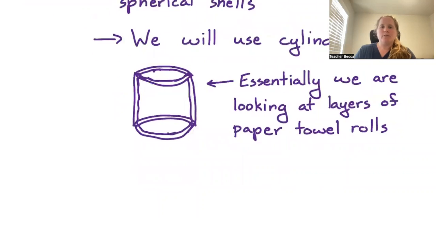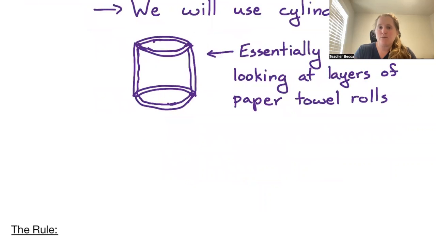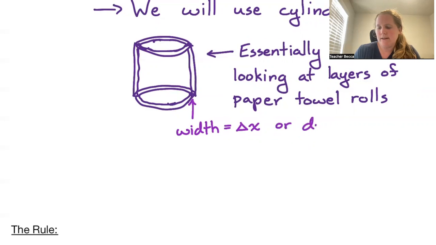Paper towel rolls have a very, very thin width, right? A paper towel roll has a width of just, say, delta X or dx. So the width is just delta X or dx, depending on how we want to view it.